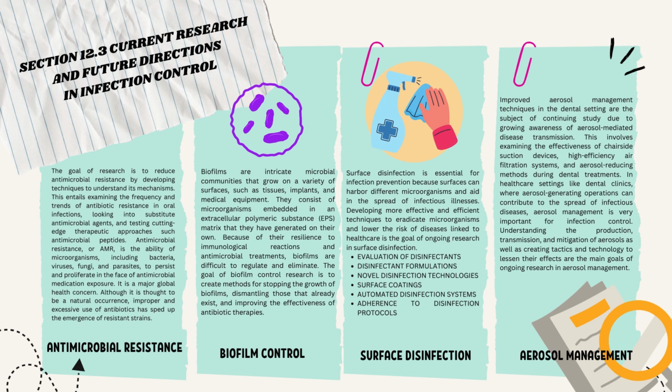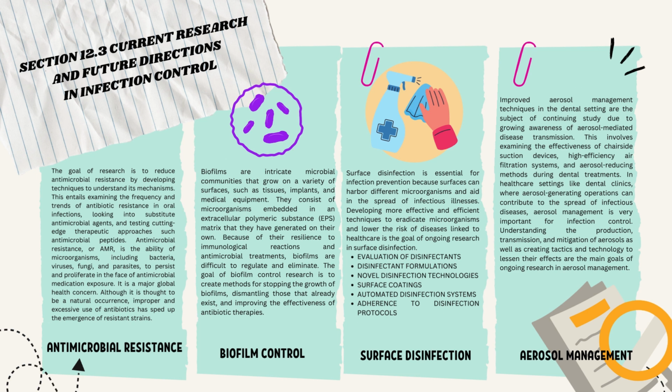Secondly, biofilm control. As we all know, biofilms are intricate microbial communities that grow on surfaces. So this consists of microorganisms embedded in an extracellular polymeric substance that they have generated on their own.